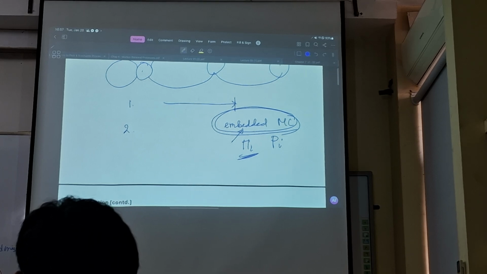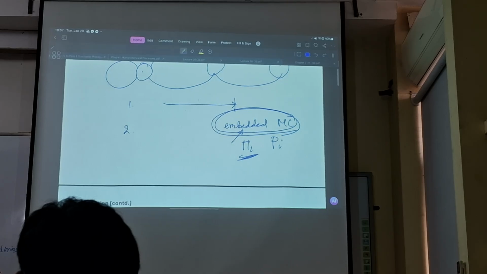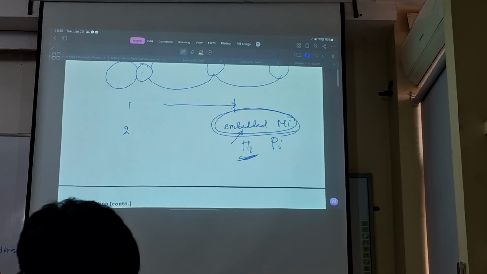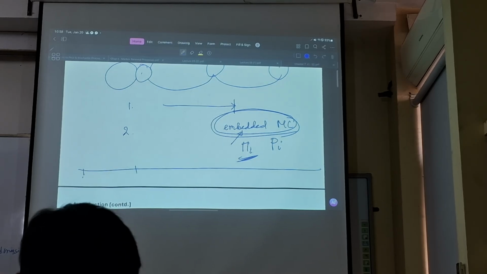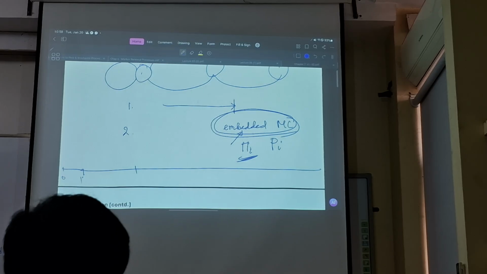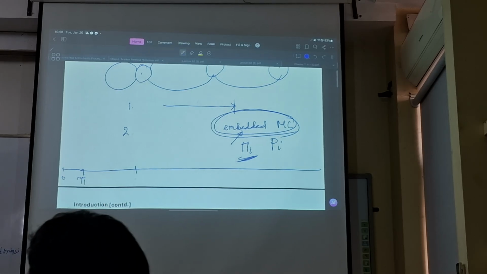That means it is not memoryless. That's why we are ignoring the time and just considering the transition points. We are actually considering the process. If this is the process, say T1, the process starts at time 0, T1 is the first transition time, T2 is the second, third.